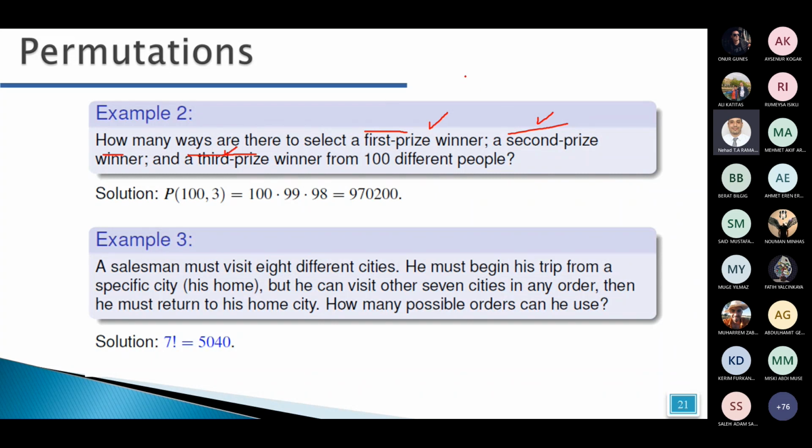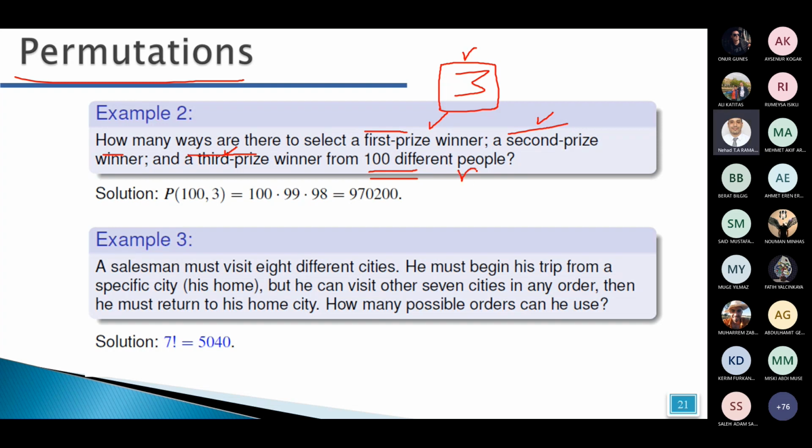So how many will we select? 3. So r equals 3, but in order. In order means permutation. We need to select first prize winner, second prize winner, third prize winner from 100 different people.